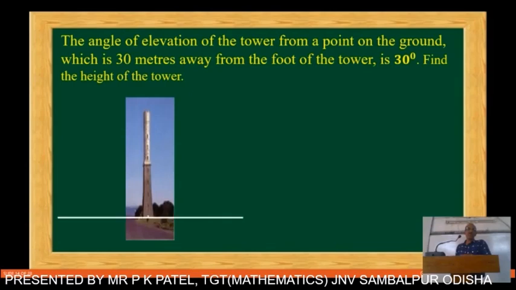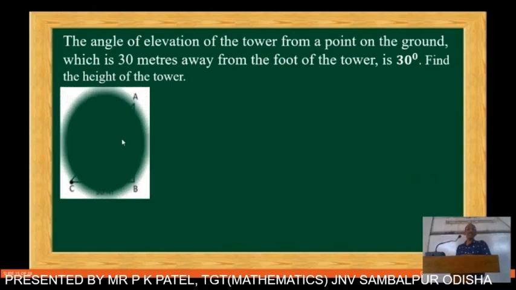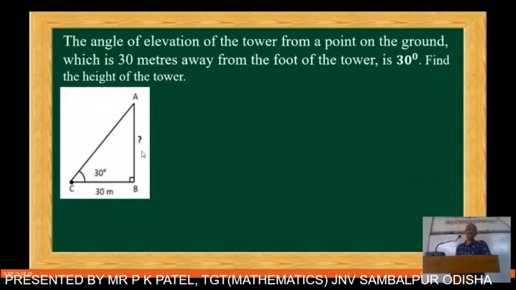Mark, this is the tower and a man is observing from the point, and that angle is 30 degrees. This is the height of the tower, and the distance between the foot and the point is given, that is 30 meters. So labeling that diagram, we get a right angle triangle like this.